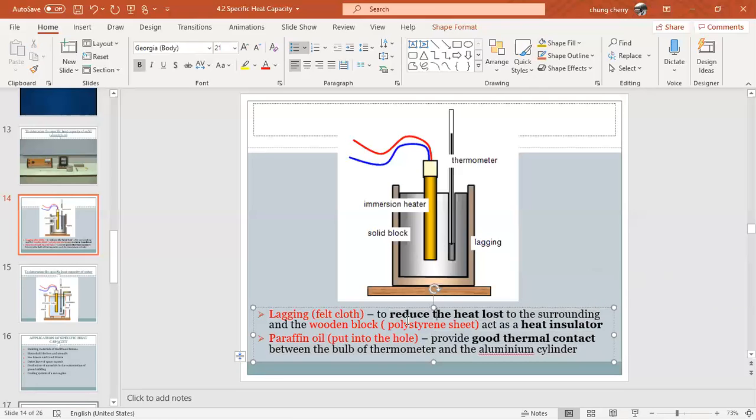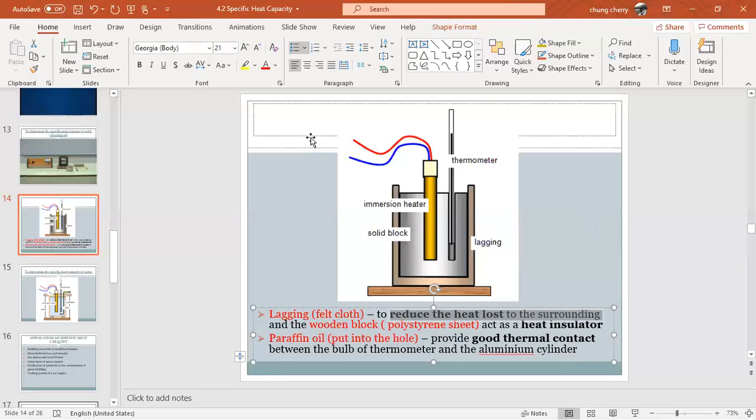But if a question asks you the purpose of the wooden block and the felt cloth, it's better you write down: reduce the heat loss to the surrounding, because this is the main precaution we need to take for any experiment related to heat.